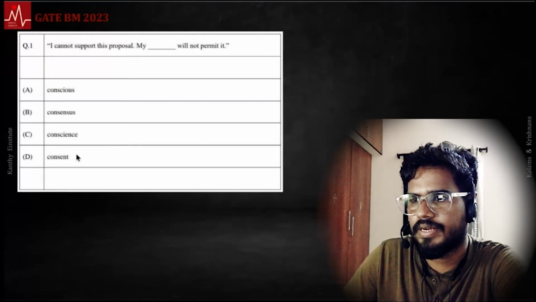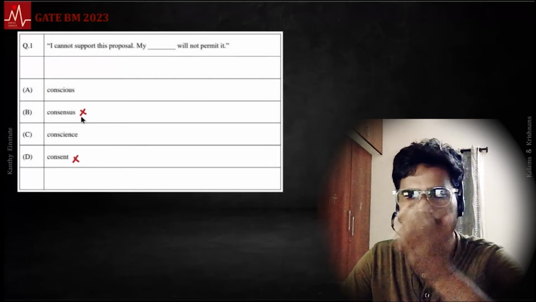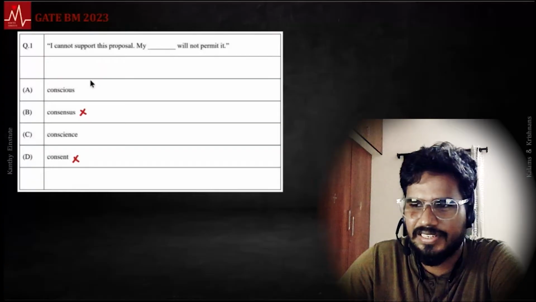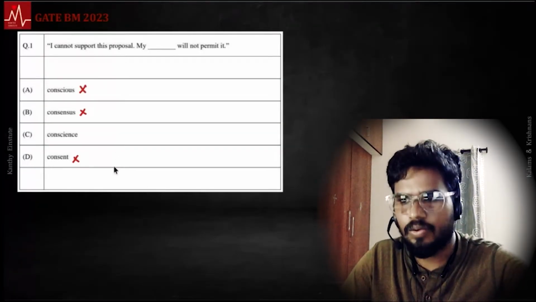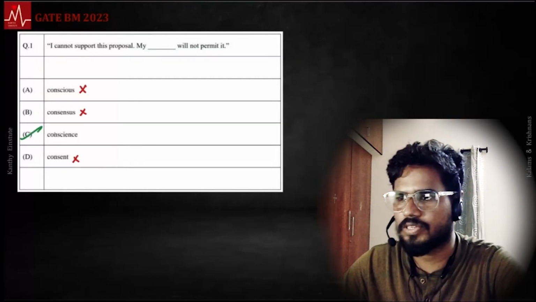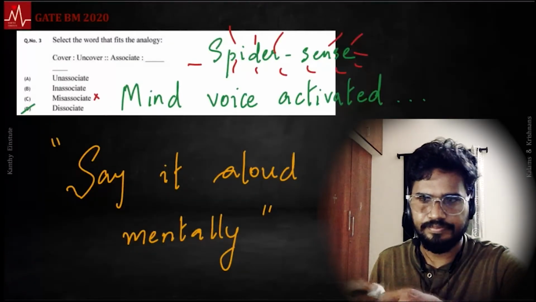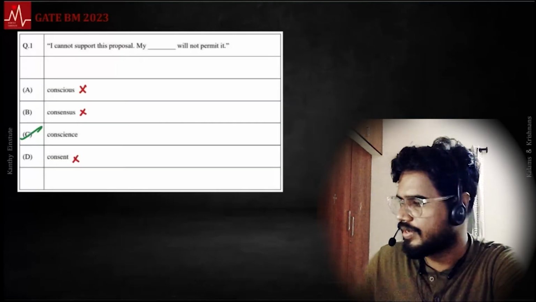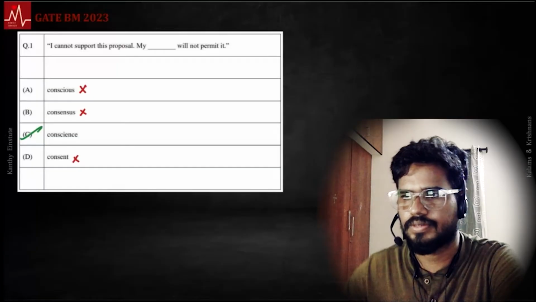I quickly recognized consent doesn't fit, consensus doesn't fit. My conscious, I said it, I know it's incorrect. My conscience, that's correct. Notice this is one question I just answered with the spider sense or this mind voice power that I just mentioned. You can quickly test it. Great. Let's go to the next one.